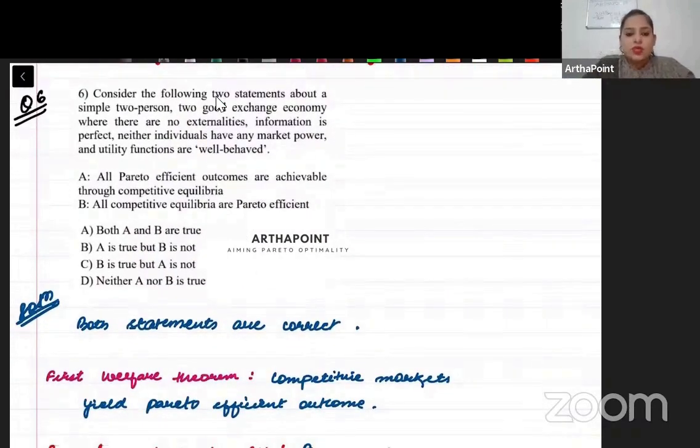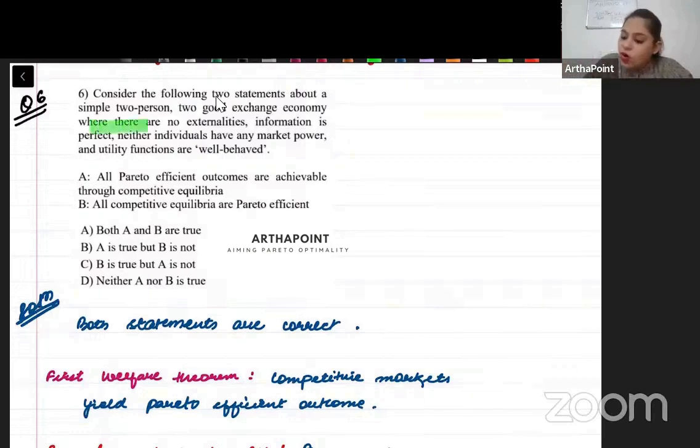Consider the following two statements about a simple two-person, two-good exchange economy where there are no externalities, information is perfect, individuals do not have any market power, utility functions are well defined. What does this mean?